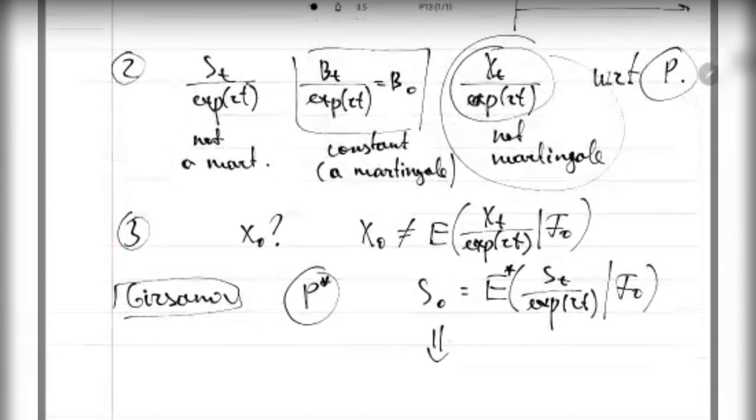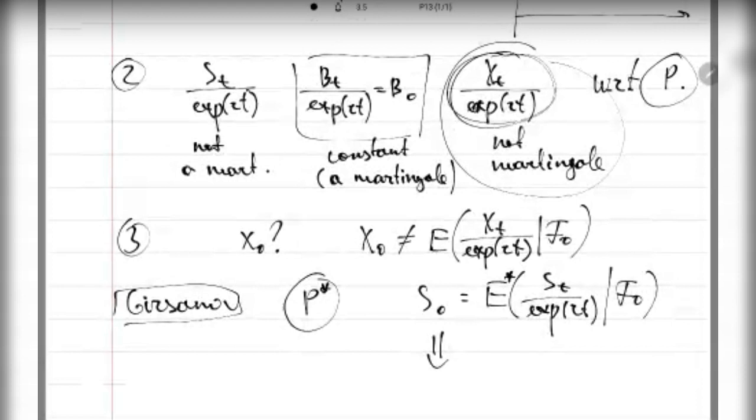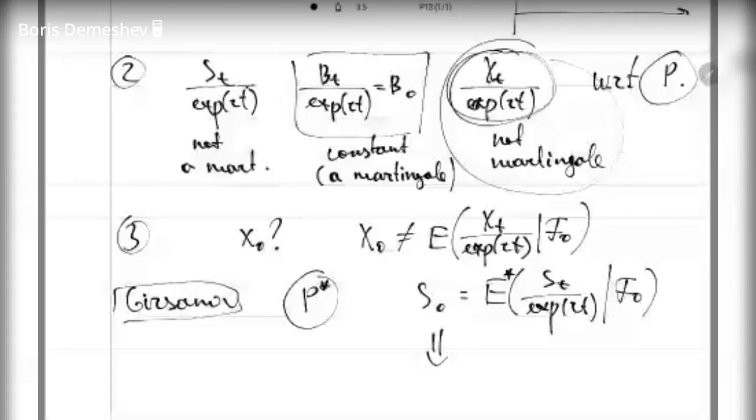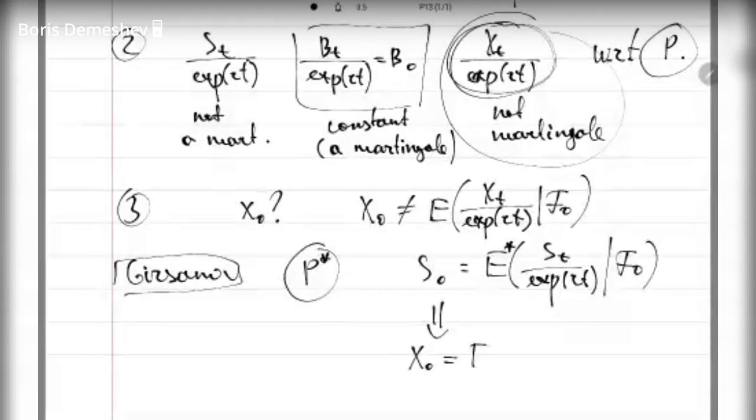Because our strategy is just trading between bonds and shares, with no third asset, X_0 will also be equal to the expected value under P star of X_T over exponent RT given F_0.